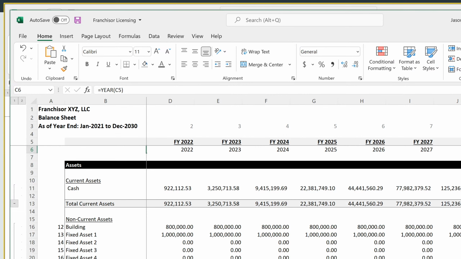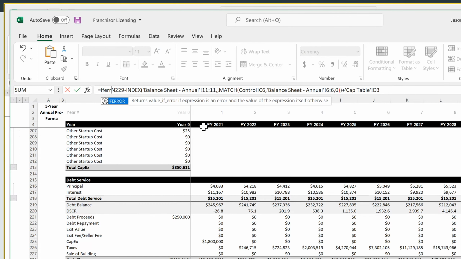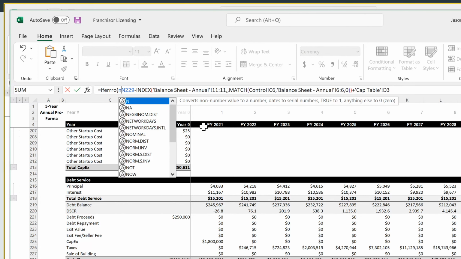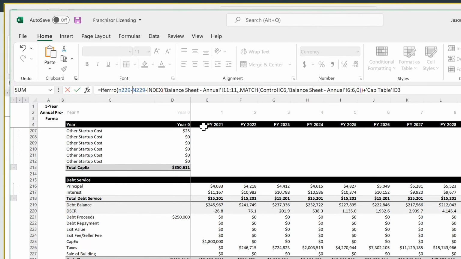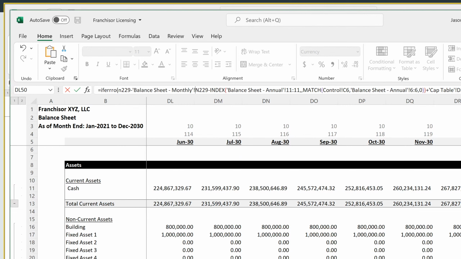So that's good. Okay, so we actually have to put an IFERROR here. If error, then do N29 minus, and then you just do the last one here, it will be this last amount, because if there's an error, it means the exit month is NA, and that means the model goes through to the very last month.